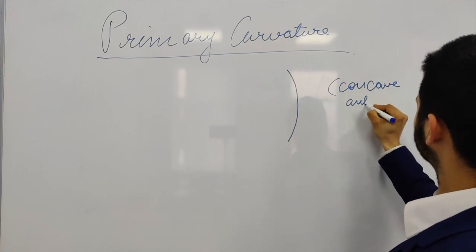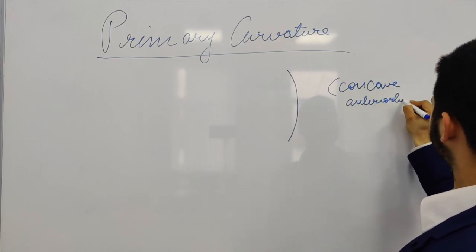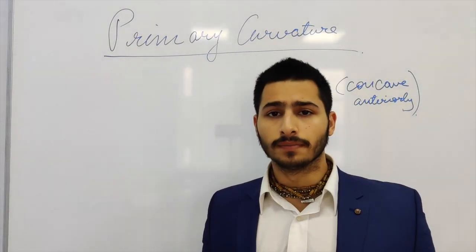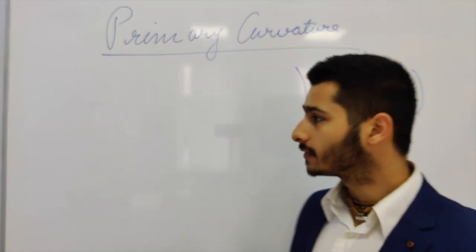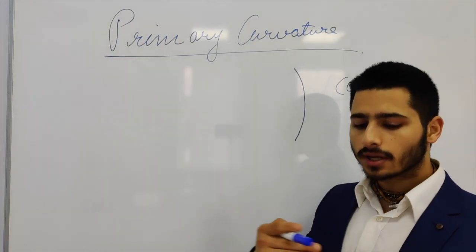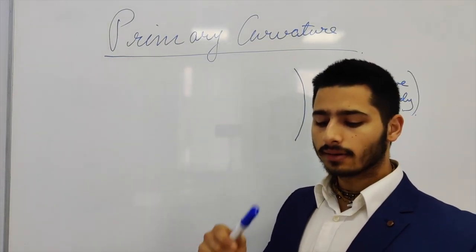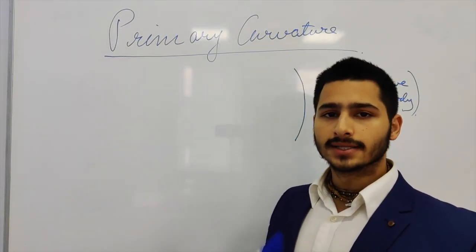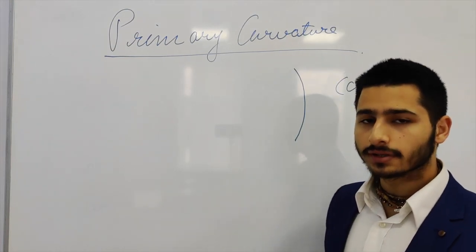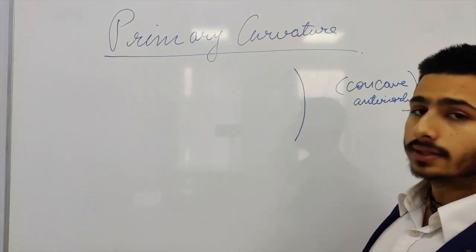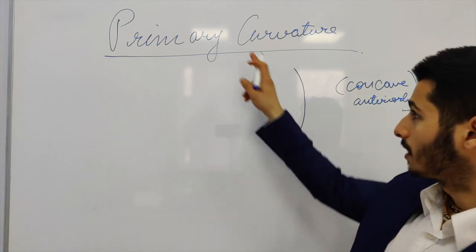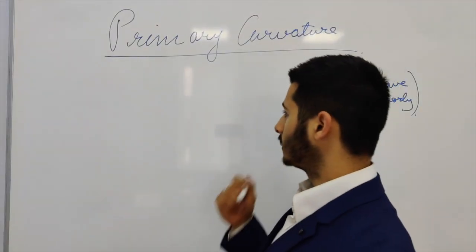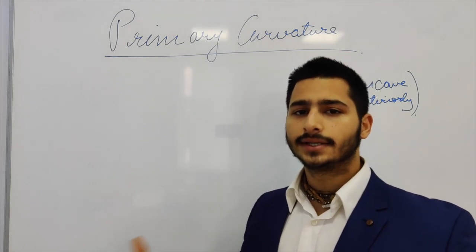When you view the body laterally, you will observe that of those four regions, cervical, thoracic, lumbar, and sacral, there are two regions in the body that resemble this curvature, and this is the primary curvature. It is concave anteriorly.